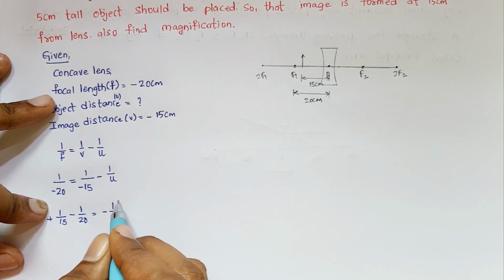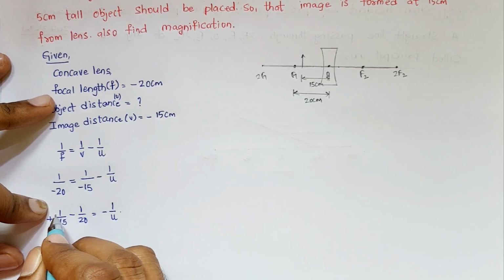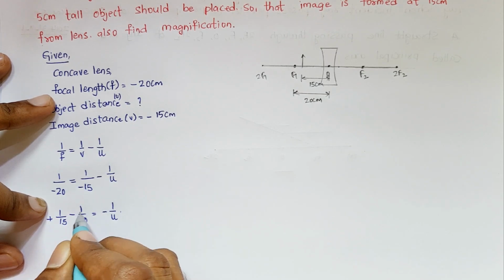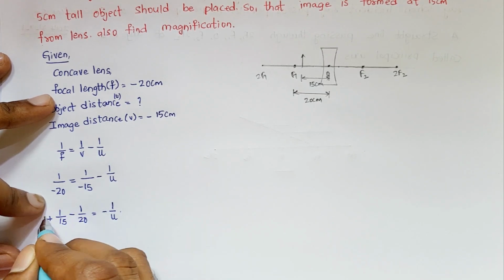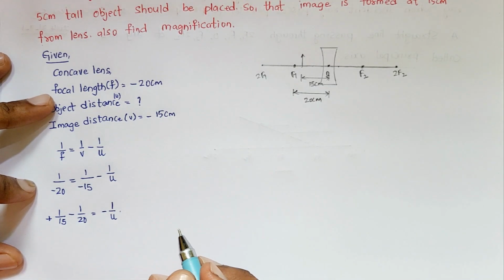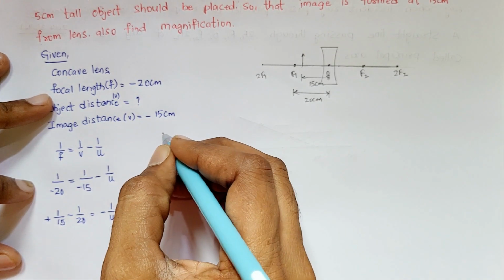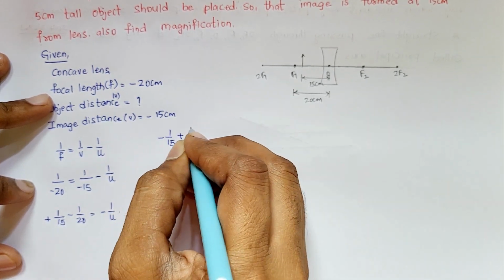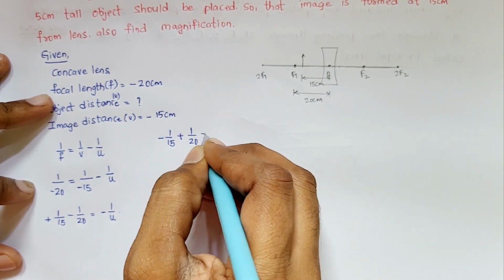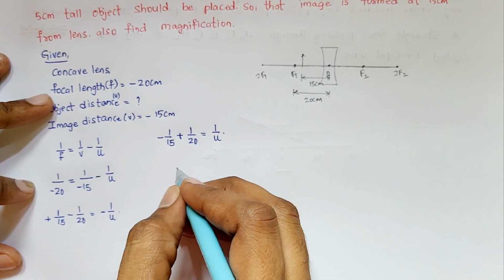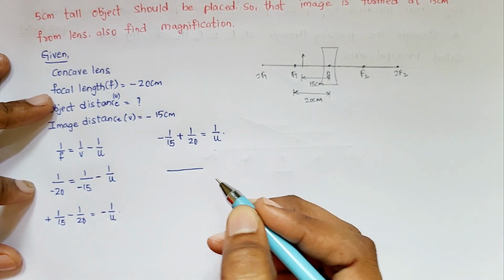So I want to find u only. This minus I will send to that side. If I send minus to the opposite side, the number which has minus becomes positive, and the number which has positive becomes negative. So this step I'll write here. Minus 1 by 15 plus 1 by 20 is equal to 1 by u. So the LCM of 15 and 20 will be how much?